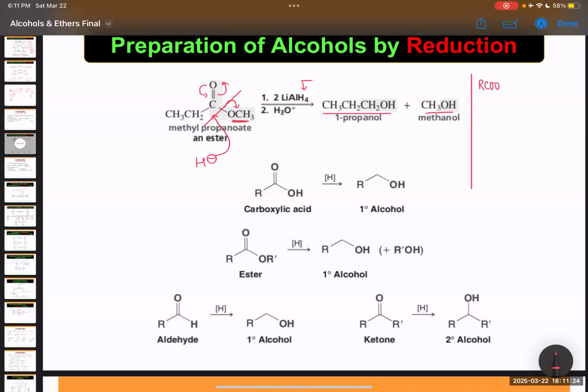Carboxylic acid is there, RCOCl is there, RCOOCOR, this is anhydride. Ester, amide, aldehyde, ketone.